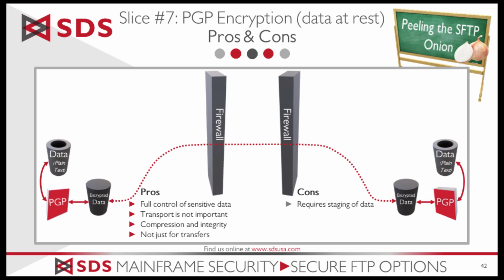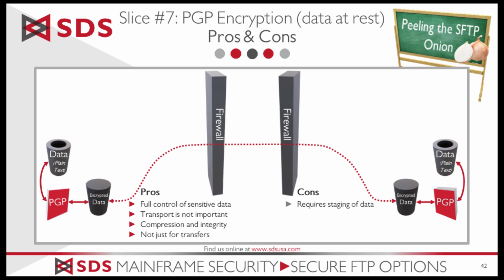PGP also provides the compression and integrity that can be so important, particularly in large files. But another thing you might consider is that PGP isn't just for network transfers. It can be used even if the data doesn't move at all. For example, you might encrypt the file for archival and delete the original. Just make sure you keep track of the necessary credentials to decrypt the file, or you might be in trouble later when you need to get back to the data. Oh yeah, and what about those little USB thumb drives?